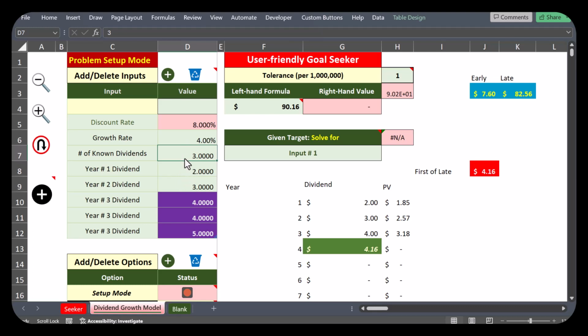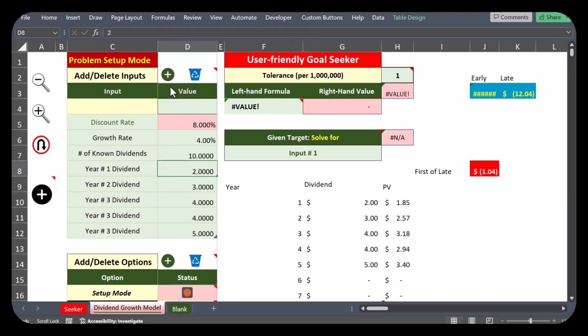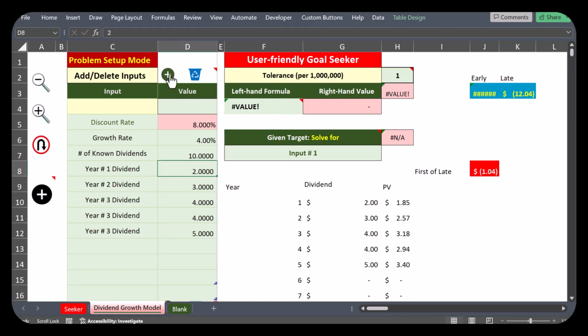Okay. Let me add 1, 2, 3, 4, 5. And we can change these.